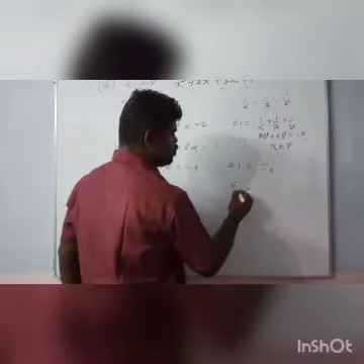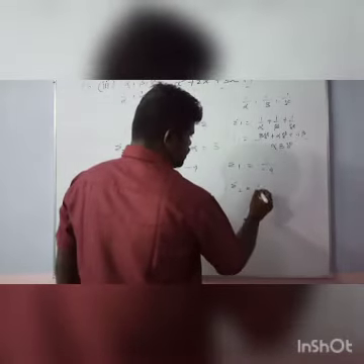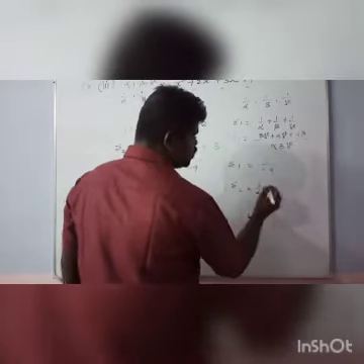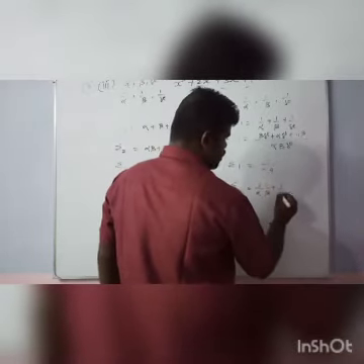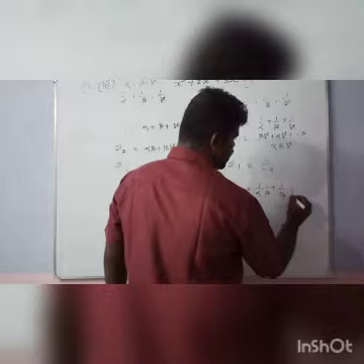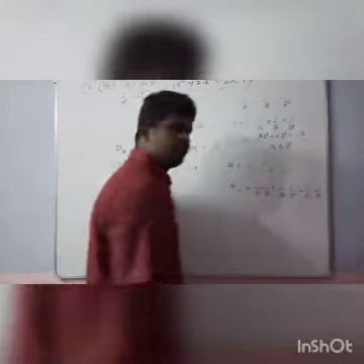And the summation 2 value. Summation 2 value is what? Multiply these two terms only: 1 by alpha into 1 by beta plus 1 by beta into 1 by gamma plus 1 by gamma into 1 by alpha.